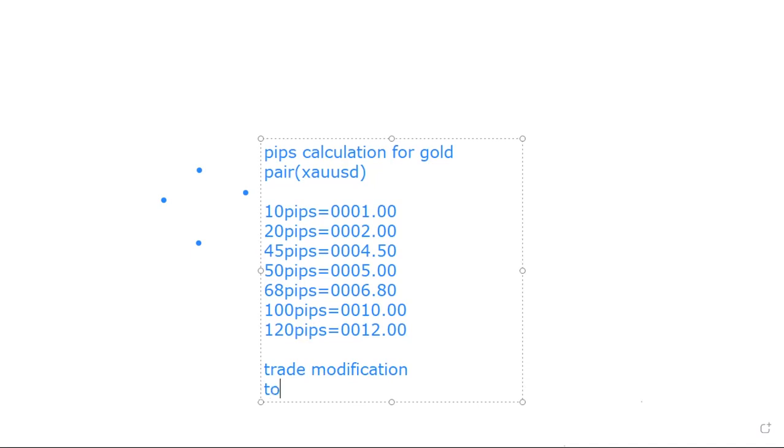So to modify a trade means to add take profit and stop loss.